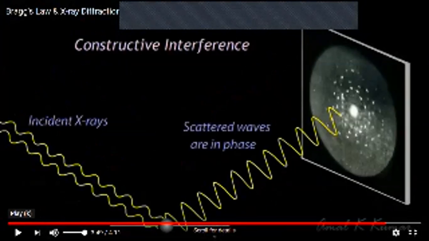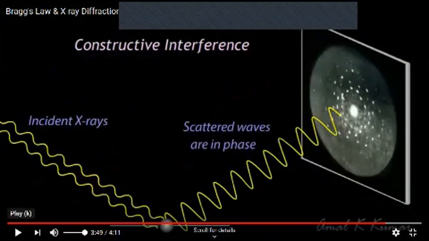What you're seeing here is that when the incident rays hit the planes of atoms and scatter, and the waves are in phase, we produce a diffracted image with spots where the X-rays came in and hit atoms on the planes. You get these diffraction spots from waves that had constructive interference.